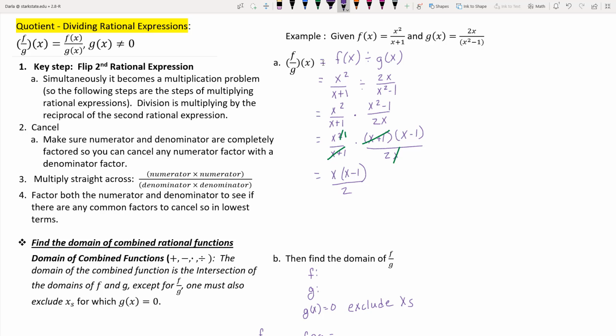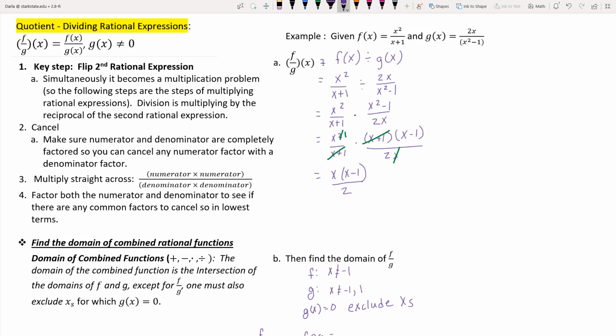And so from f we can see that x is not allowed to be negative 1. From g we can see x can't be negative 1, but it also can't be positive 1. And then as far as when is our function g of x going to be 0, because when g of x is 0, that means we're going to have division by 0.